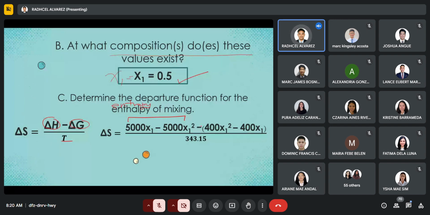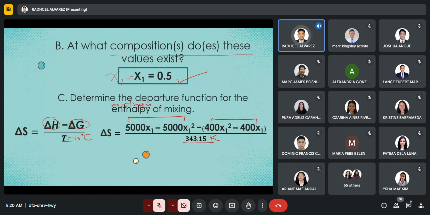And then minus yung ating formula for our delta G, ito yung given natin, 4,000 x1 squared minus 4,000 x1. And then meron naman tayong temperature na given, which is I think 70 degrees Celsius. So, ia-add mo yung 273.15 para maging Kelvin ito. Kaya meron tayong 343.15.